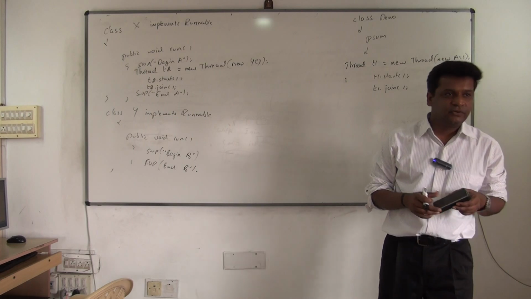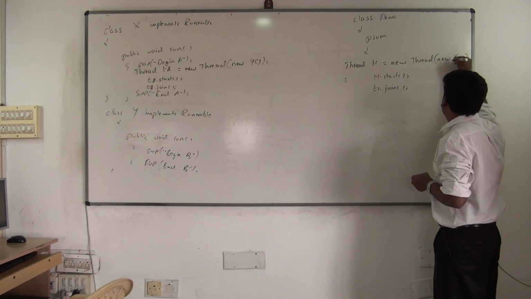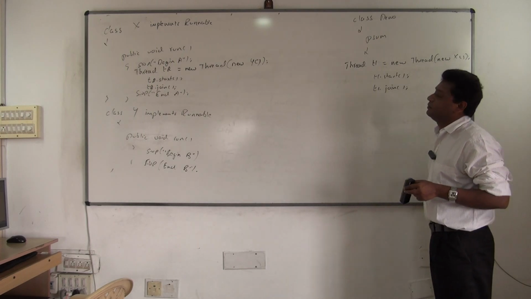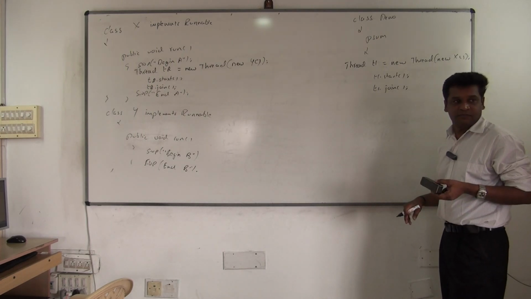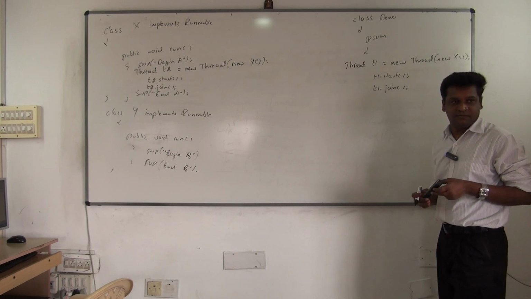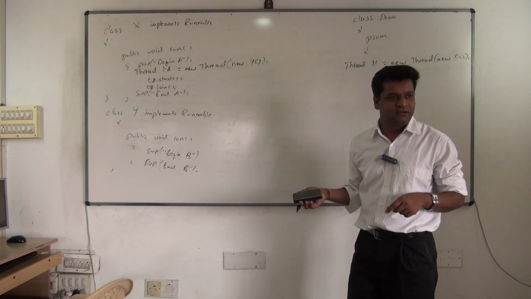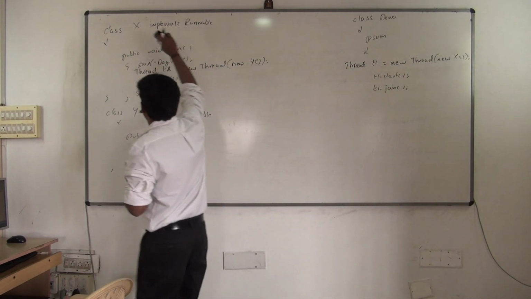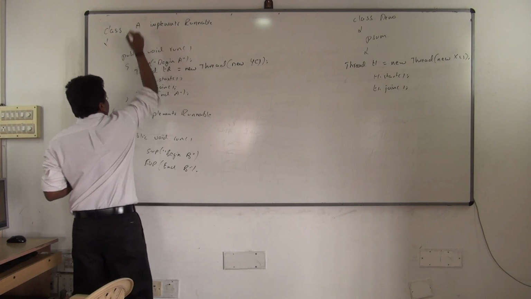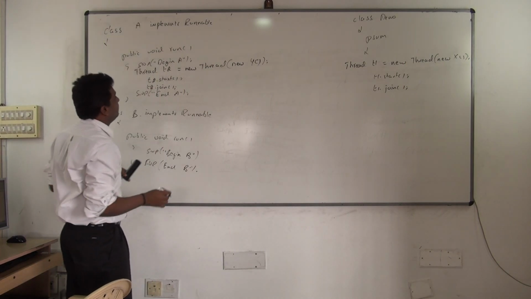So that's the reason you change it to X and Y. Understood? Or you can work in a new workspace. That's your wish. Or I'll keep it as A and B only, because it will reflect the document. In the document I use the class names as A and B only. So let it remain like that itself.